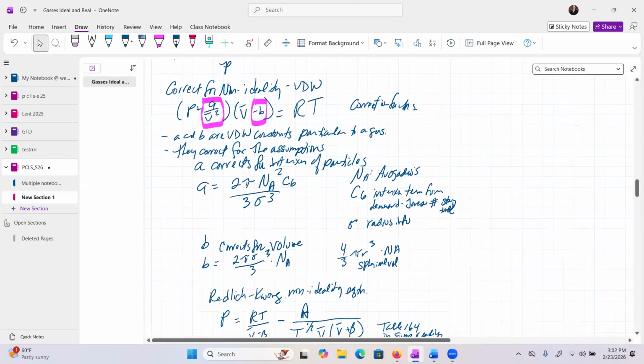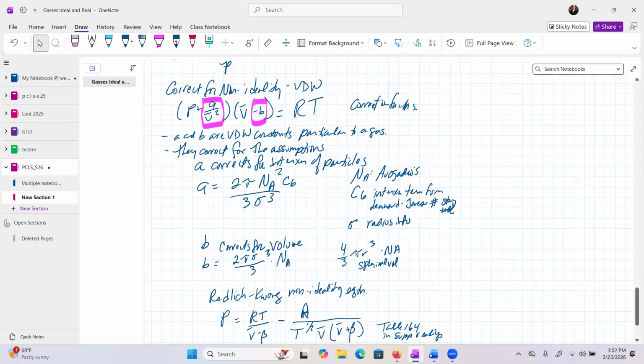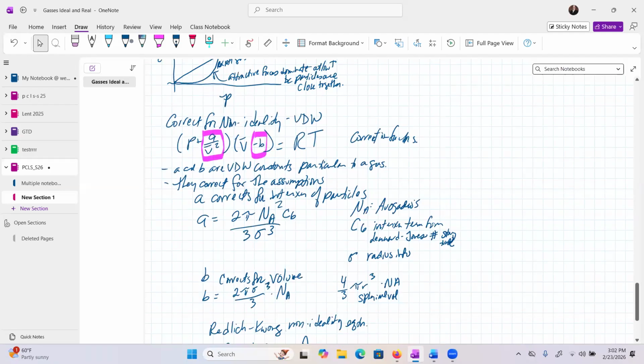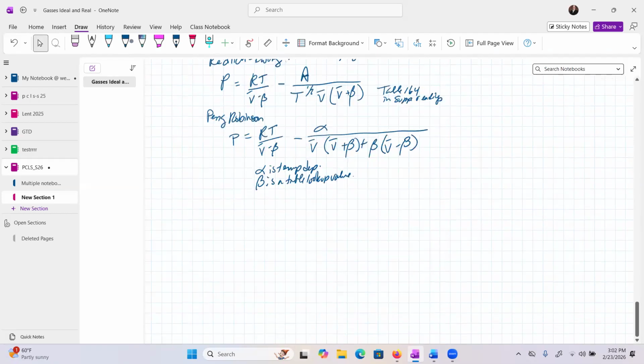So if you were to make a model of how the gases interact, you want one that is more fundamentally physically based, because there are reasons why these things are here. The Redlich-Kwong and the Peng-Robinson both have empirical observations. So you measure it for a gas and say, well, I wonder what that number would be. Let's plug it in and make the equations do what we want them to do. And that's how they work.